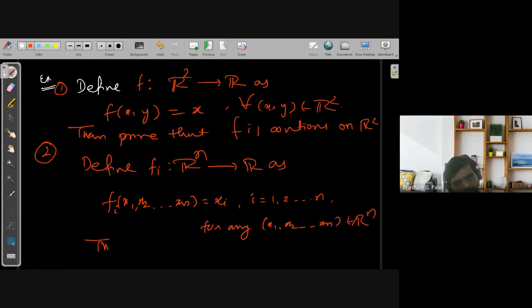Then prove that for each i, these f_i's are continuous on R^n.